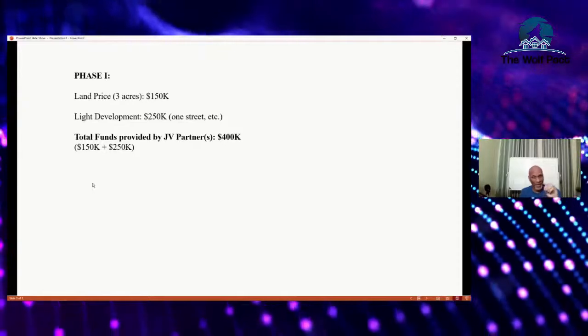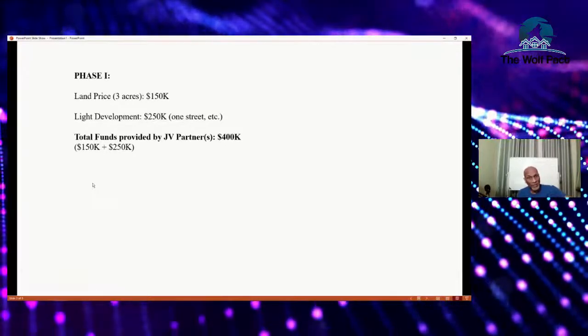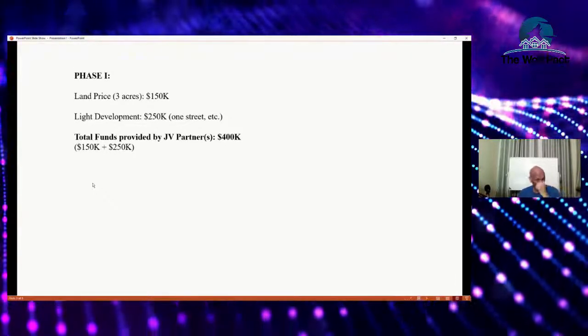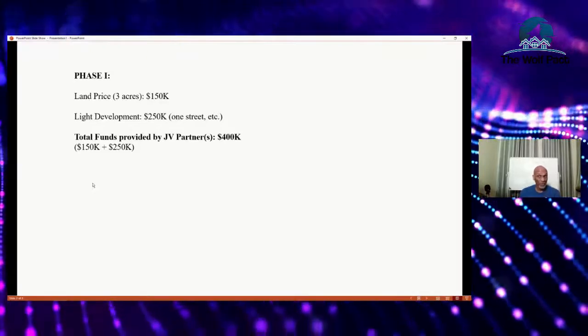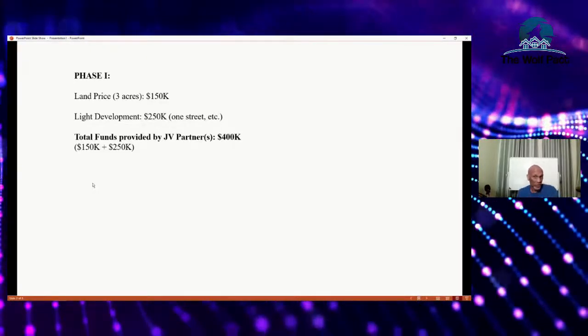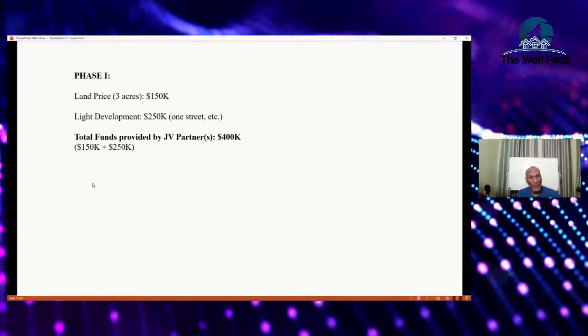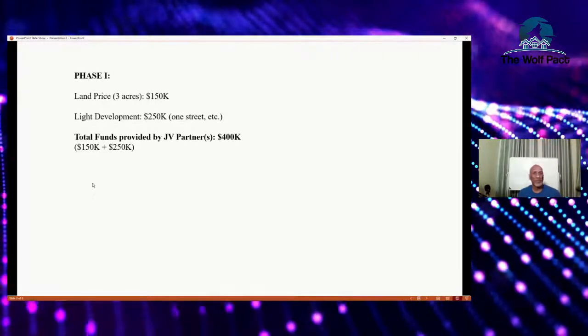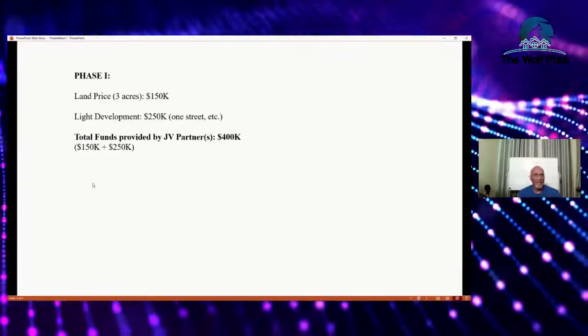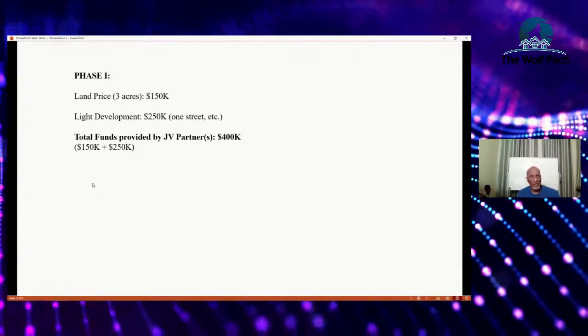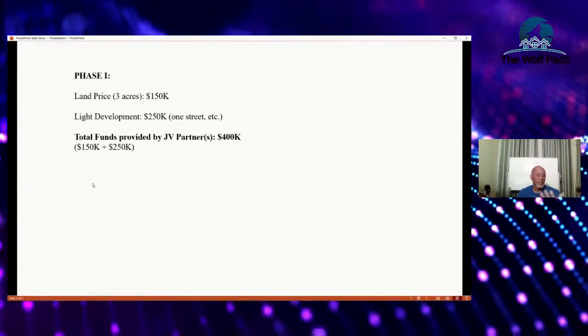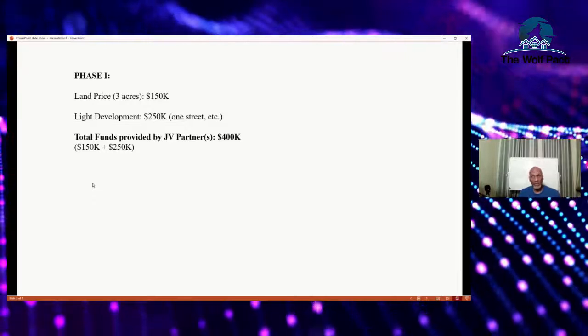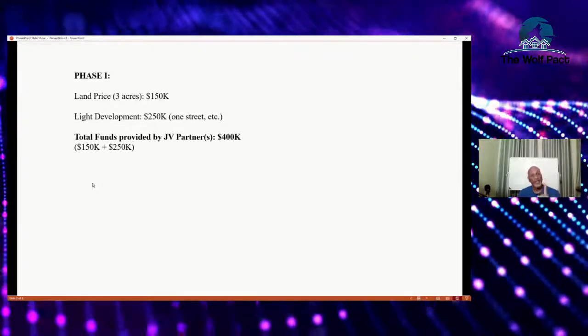So I need to go make that available to members in the wolf pack. Now, maybe one member as a joint venture partner brings that $400,000 to the table, or it may be 8 members bringing $50,000 apiece. Doesn't matter, as long as $400,000 gets to the table. But that is how we would approach it. So we need $400,000 in phase 1.